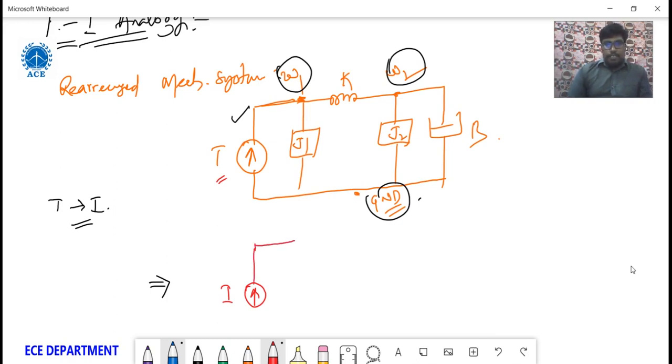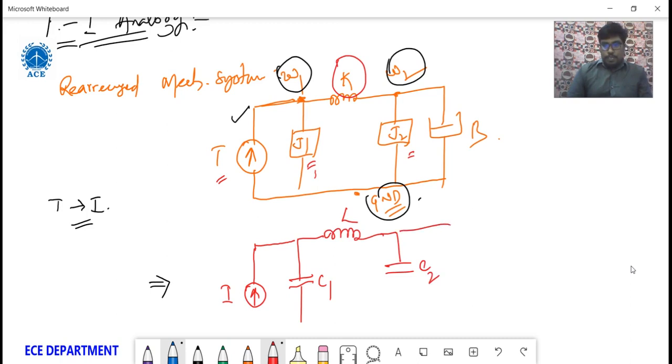Inertia becomes capacitance, which I will write C1, and the spring element K becomes inductance. See the conversion, you go through the conversion, and J2 becomes C2 and B becomes what? Conductance. This is G, conductance.